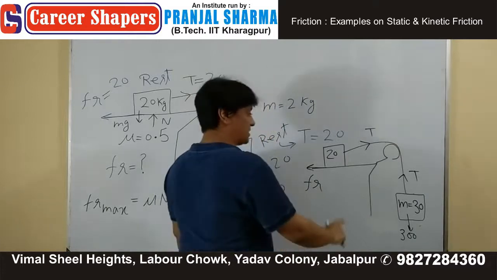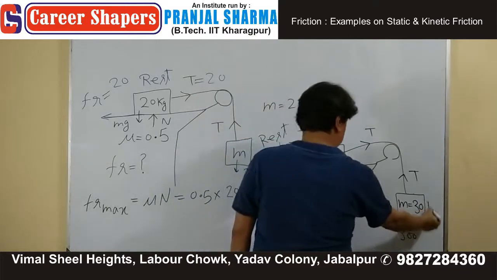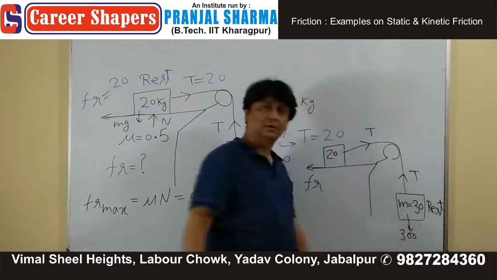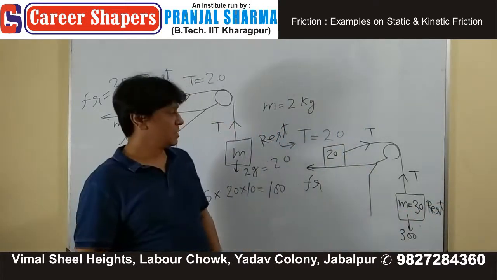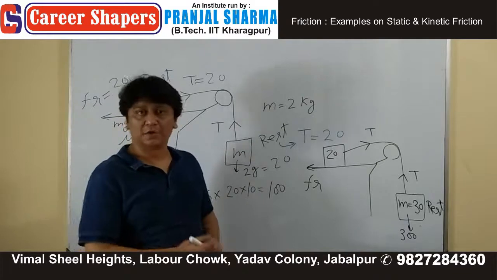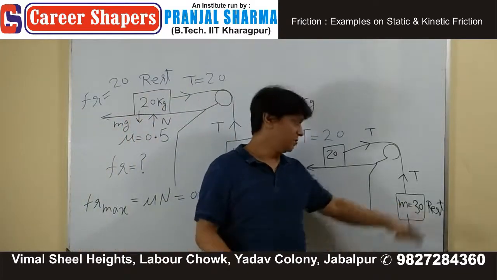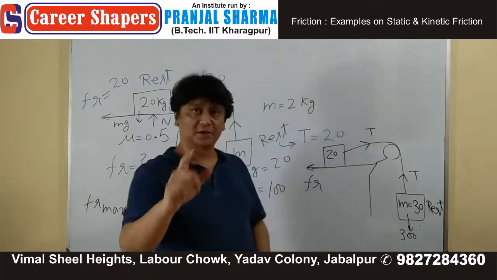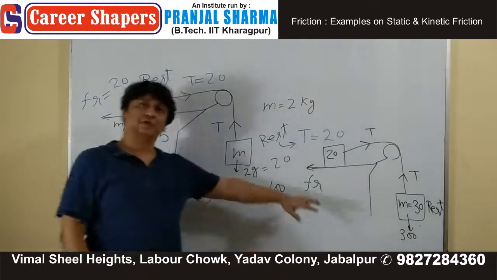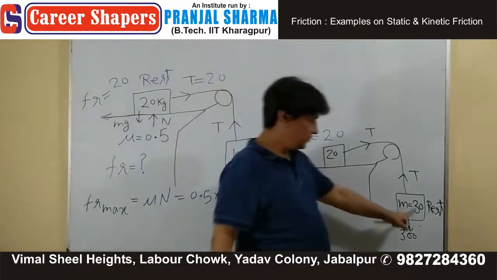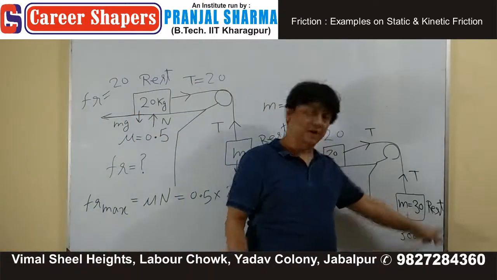Suppose somebody says that this block is still at rest. Suppose you somehow took this assumption that 30 kg is at rest. No issue, we assumed it. If we have taken a wrong assumption, what will physics automatically do for us? Help.